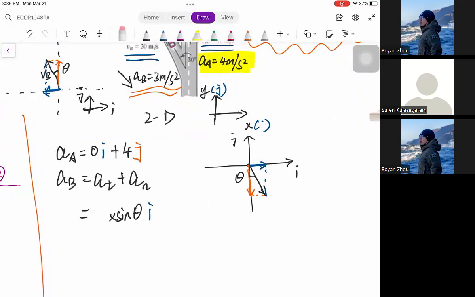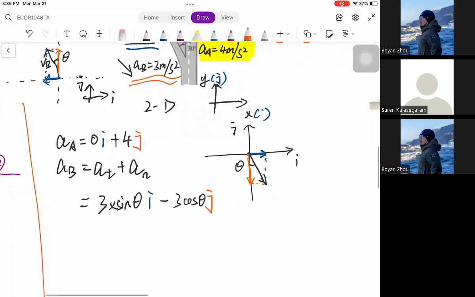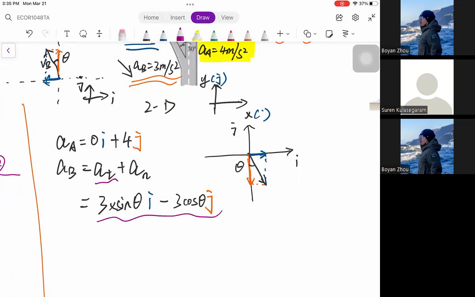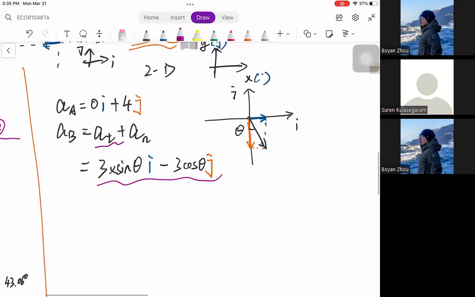So it's going to be a positive 3 times sine theta in the I component and minus 3 times cosine theta in the J component. And those are about the tangential acceleration. And the next one is the normal acceleration.